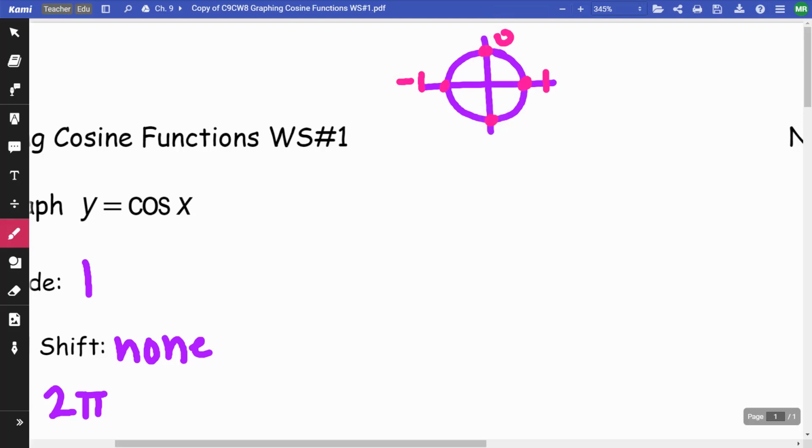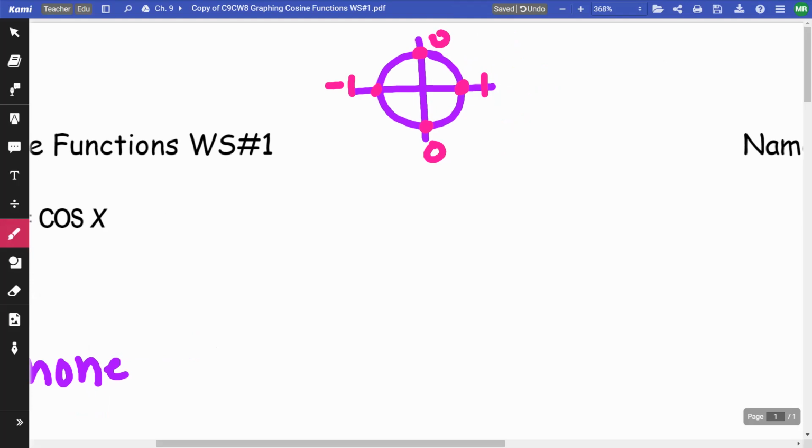Here, my x is 0. And then back again to here is 1. So 1 at 0, it's 0 at pi halves, -1 at pi, 0 at 3 pi halves, and back to 1 at 2 pi. So I'm going to be graphing 1, 0, -1, 0, 1.